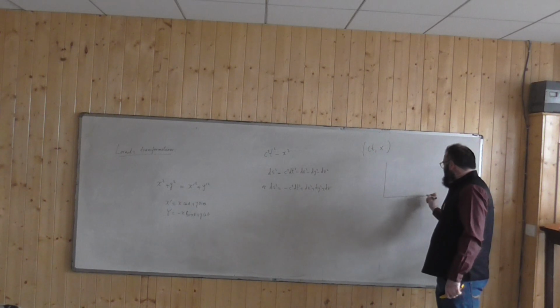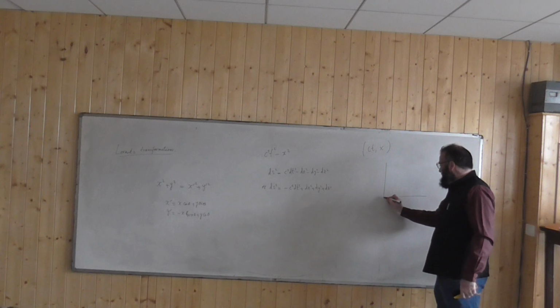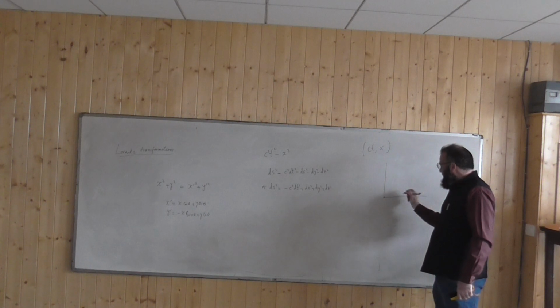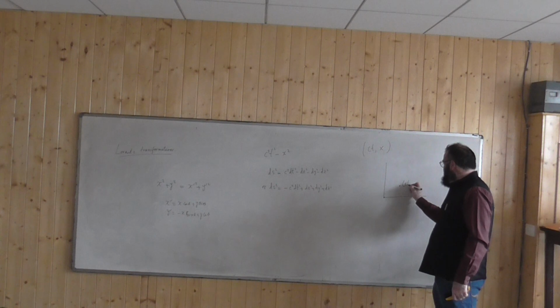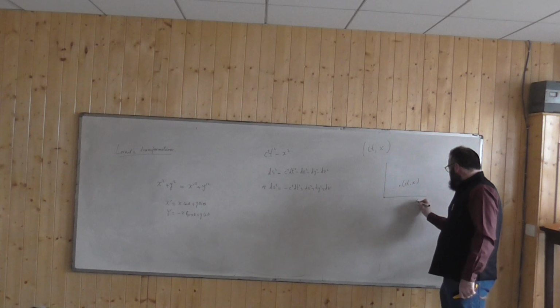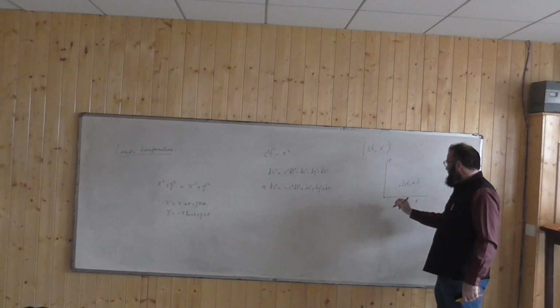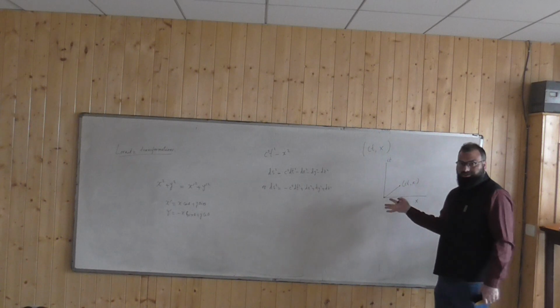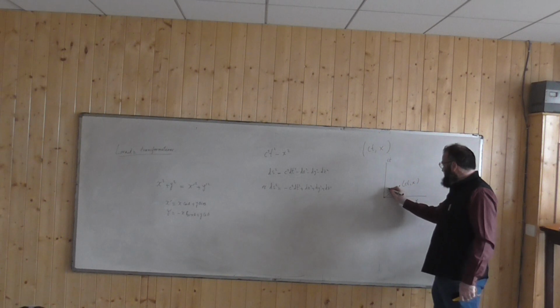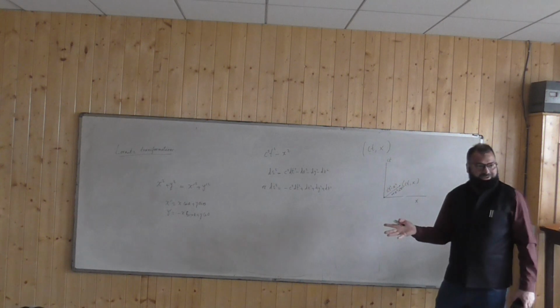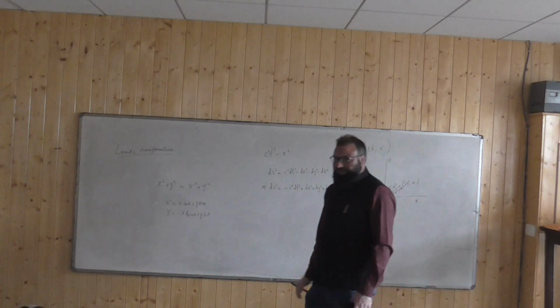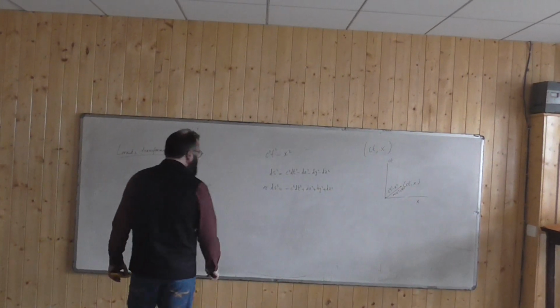If you have some frame of reference with this origin, and you take some point with coordinates ct and x, the length of the vector in Minkowski geometry will be simply c square t square minus x square, or x square minus c square t square, depending upon the convention you are using. This is the general definition.